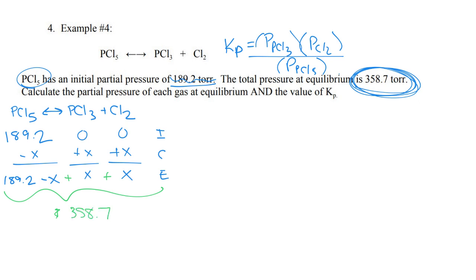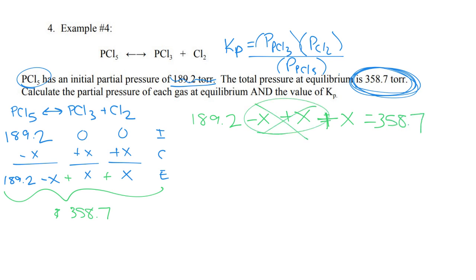So I'm going to go ahead and do that up here. 189.2 minus x plus x. Oh, whoops, I need one more plus x. Plus x equals 358.7. Now, negative x, positive x, those cancel, so I end up with 189.2 plus x equals 358.7.